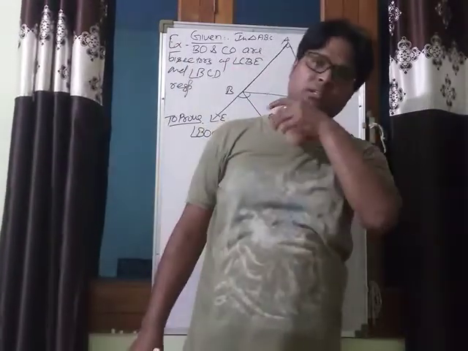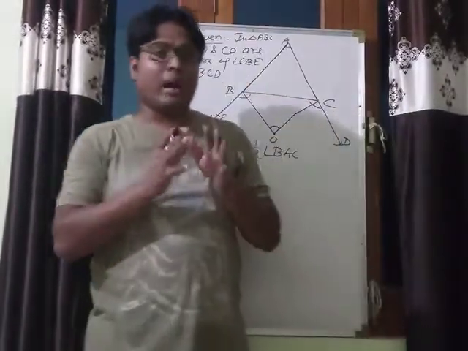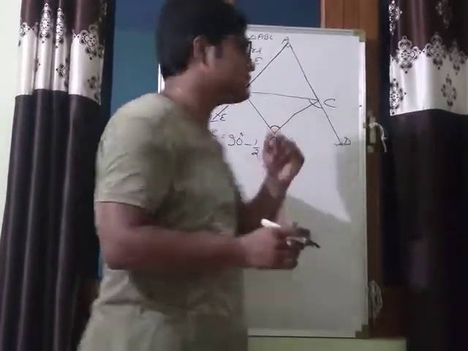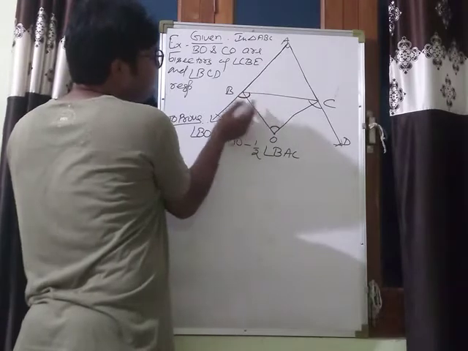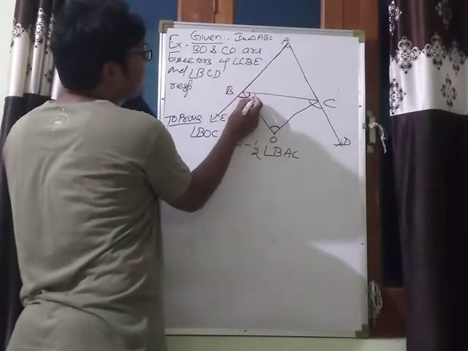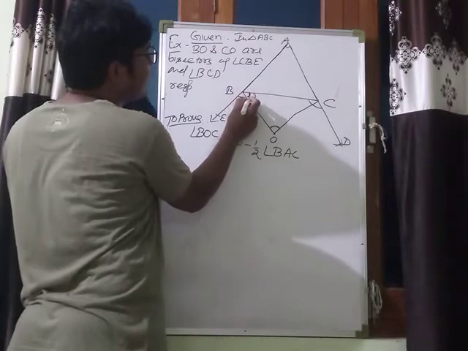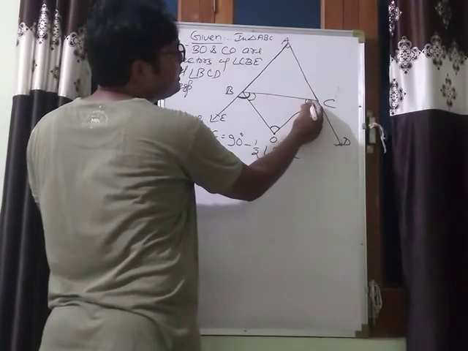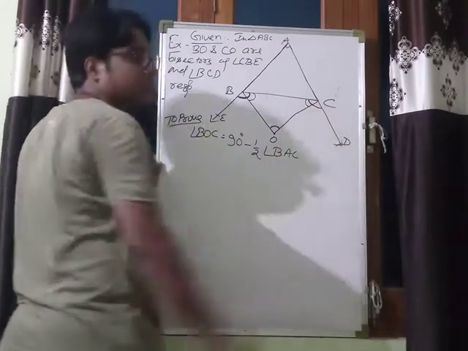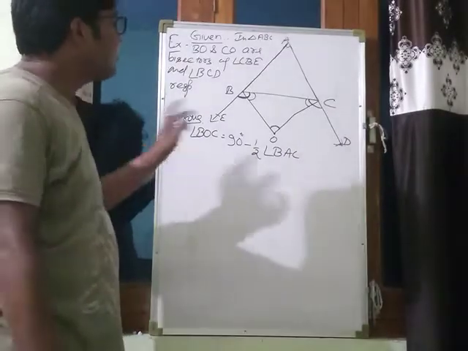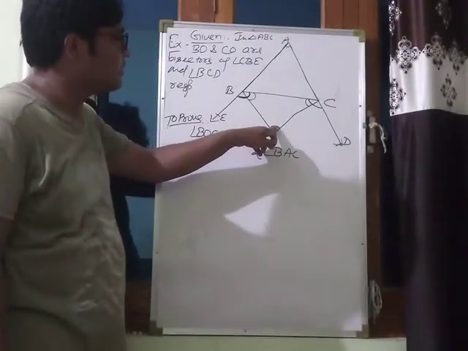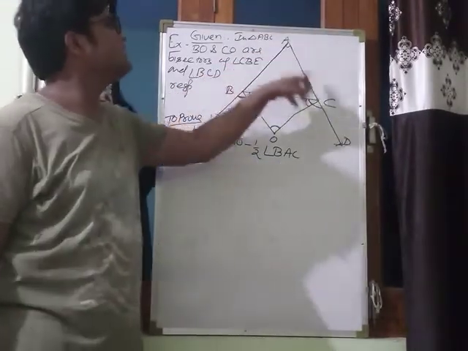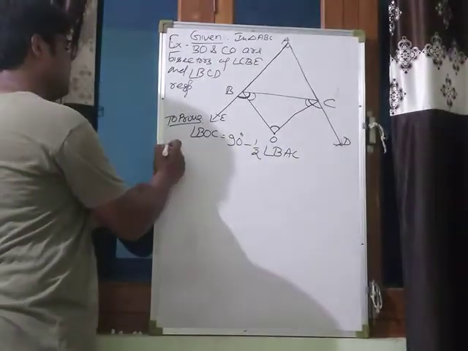What is the work of a bisector? The bisector of an angle divides the angle into two equal parts. This means this angle bisected by BO is equal to half of exterior angle B, and this angle is equal to half of exterior angle C. We have to prove that this angle BOC is equal to 90 degrees minus half of BAC. BAC is this one. See, I am going to prove this.